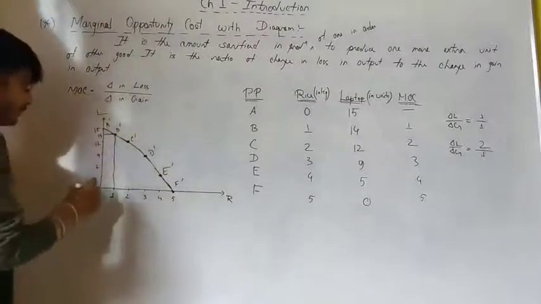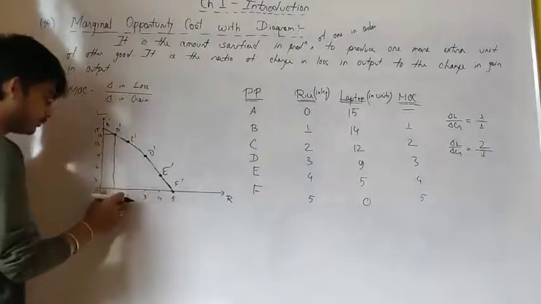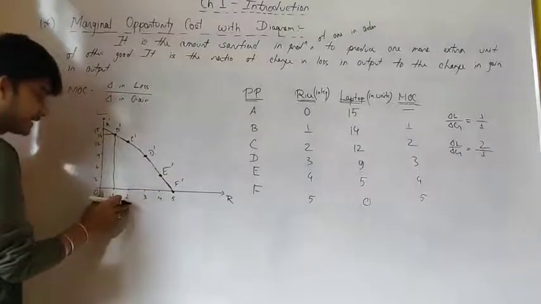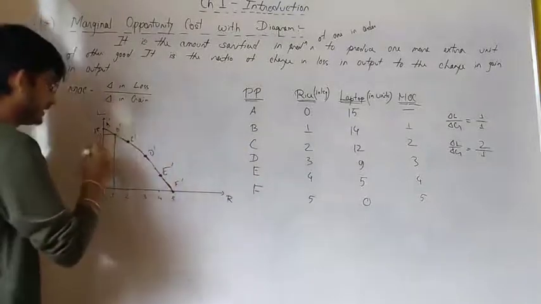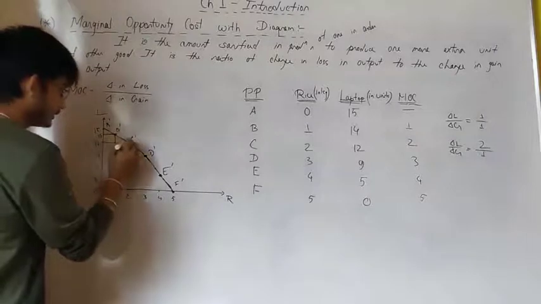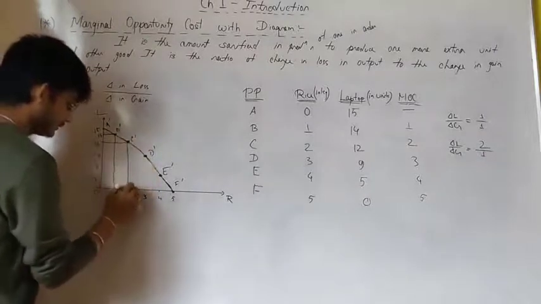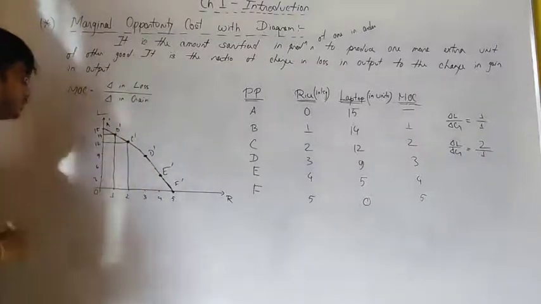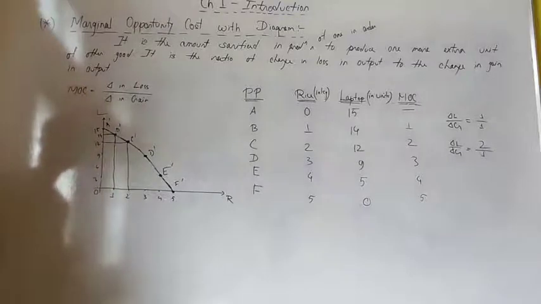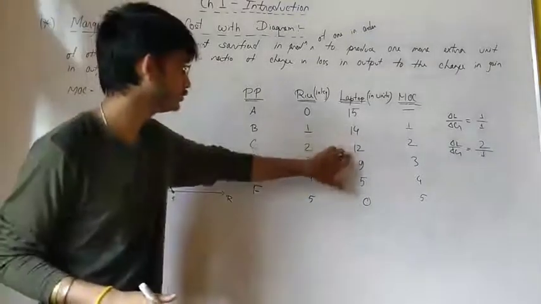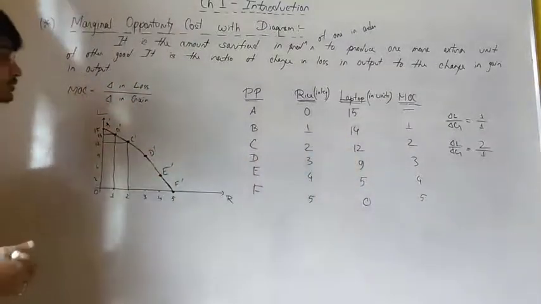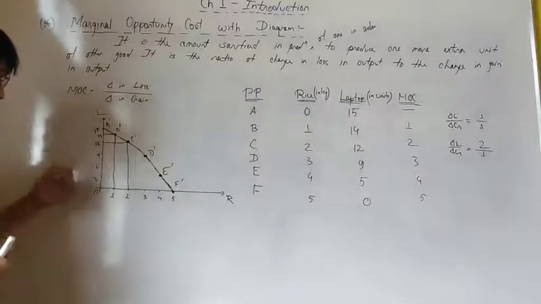Now if he wants to produce one more extra kg of rice, that means at C, which relates to the C dash, he will be sacrificing 2 units of laptop. See, 14 to 12, here also 14 to 12, we have sacrificed 2 units of laptop production and came down to 12 units of production.